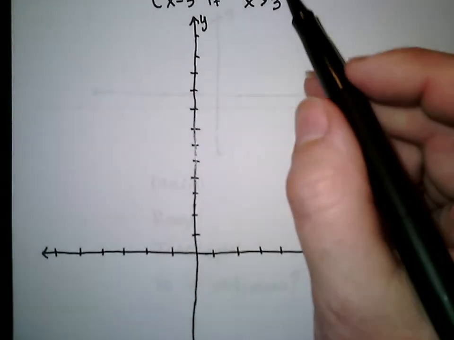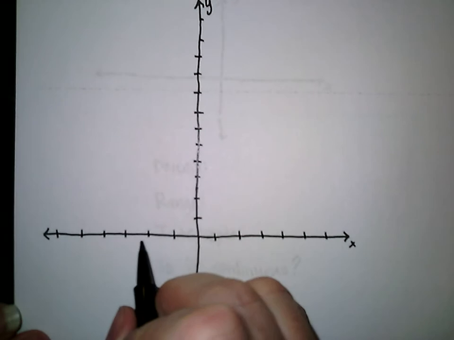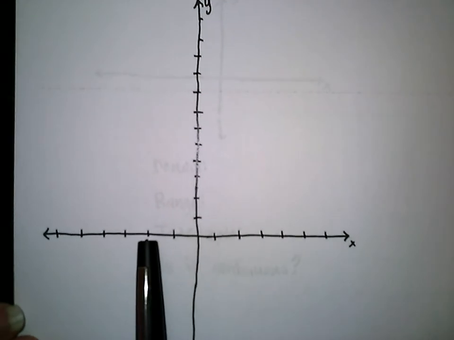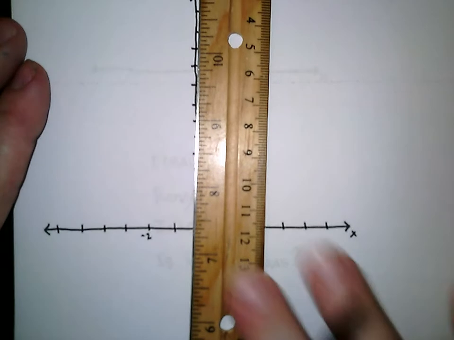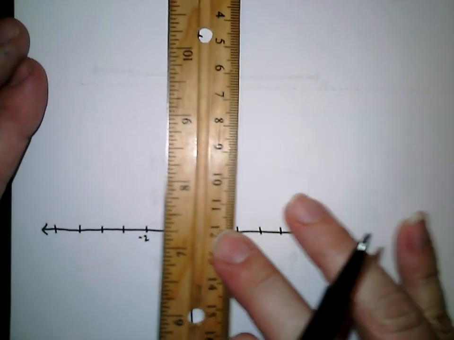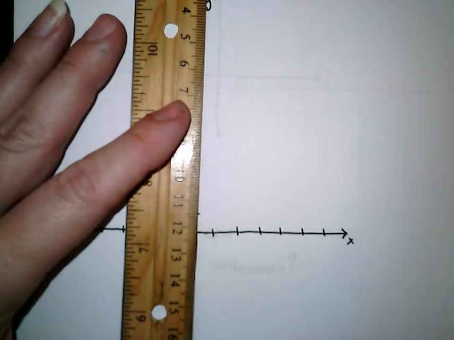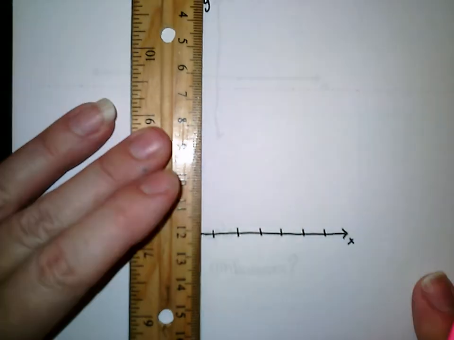Okay, so when x is less than or equal to -2, that's going to be the x-axis from -2, including -2, and going left, which means the entire part of the graph from -2 over is going to be in that zone. So I'm going to color that zone pink with my pink highlighter.